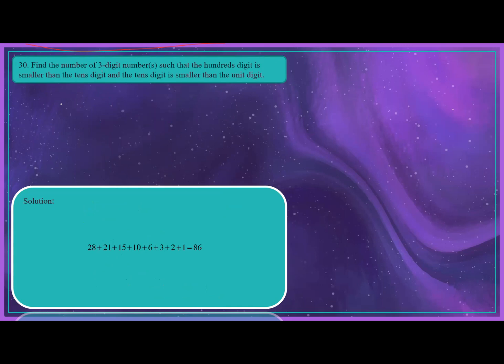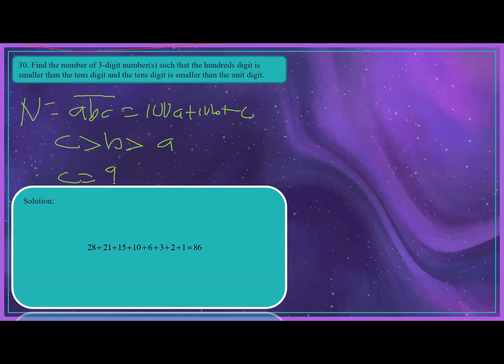So if we have a number N equal to ABC, this is 100A plus 10B plus C. So C should be greater than B and greater than A, correct? So we should start with C being 9. Then the other ones are 8.